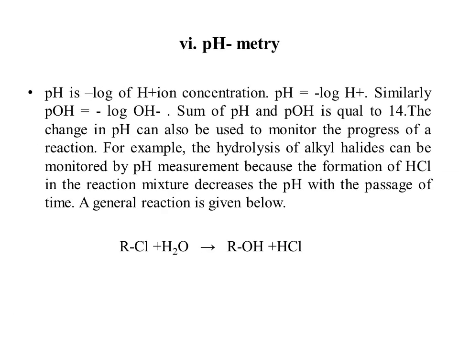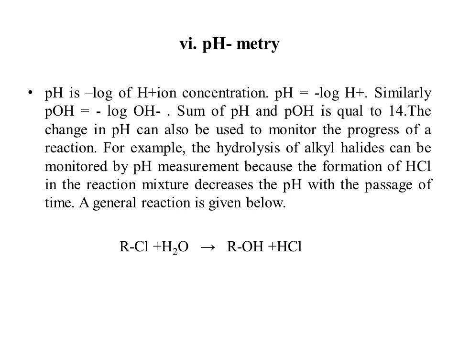Fourth one is the pH meter. What is pH? pH is negative log of hydrogen ion concentration. That is, pH is equal to minus log of H+ ion concentration. Similarly, pOH is negative log of OH- ion concentration.